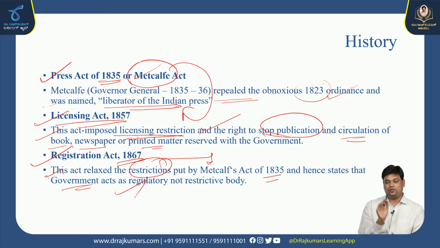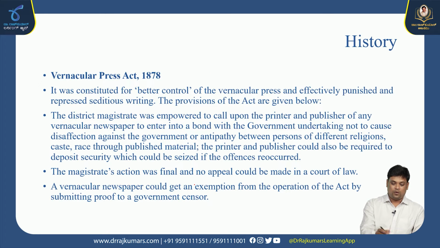Here you just focus on the act, the year and the personality. That is fair enough. Okay, Vernacular Press Act, passed in the year 1878. This was effectively to punish and to bring sedition charges against writings. Simple.